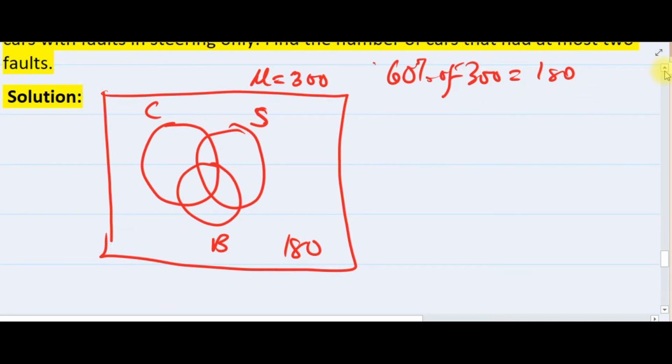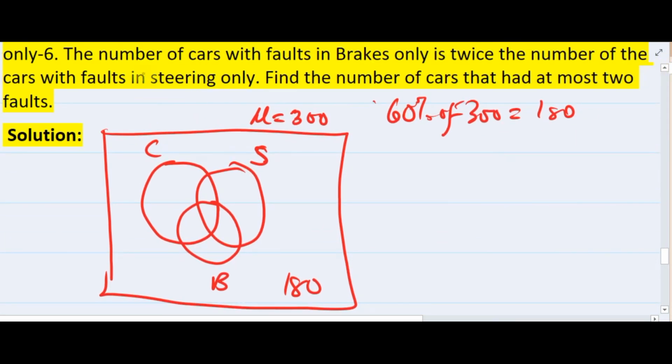But they said again, I told you when reading a Venn diagram, start filling the ones that has only all, that's all the three, and also the ones that had double before you fill the others. So we need to get this, and this before we fill the others. The number of cars with faults in brake only is twice the number of cars with faults in steering.